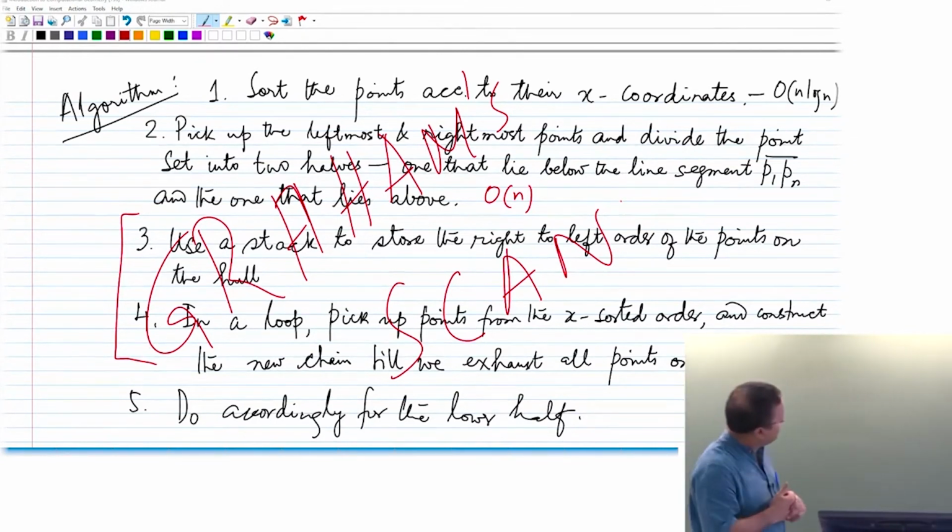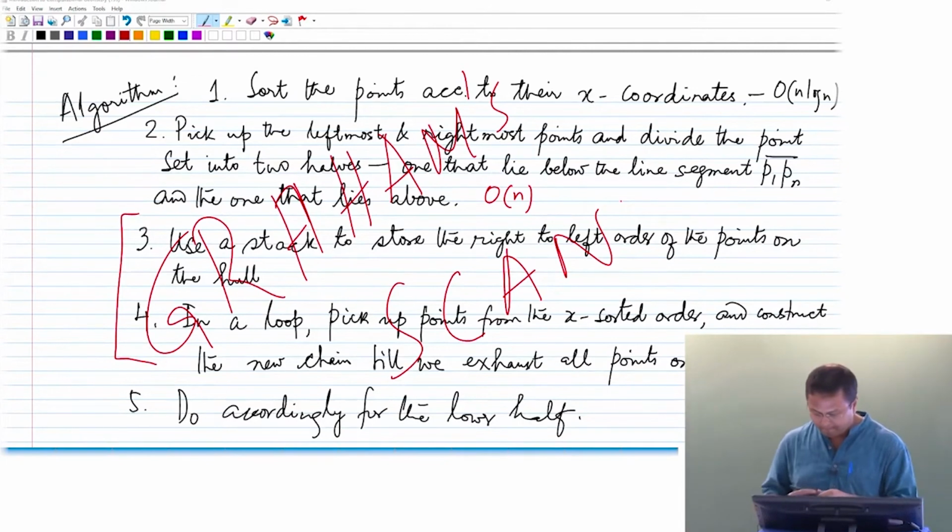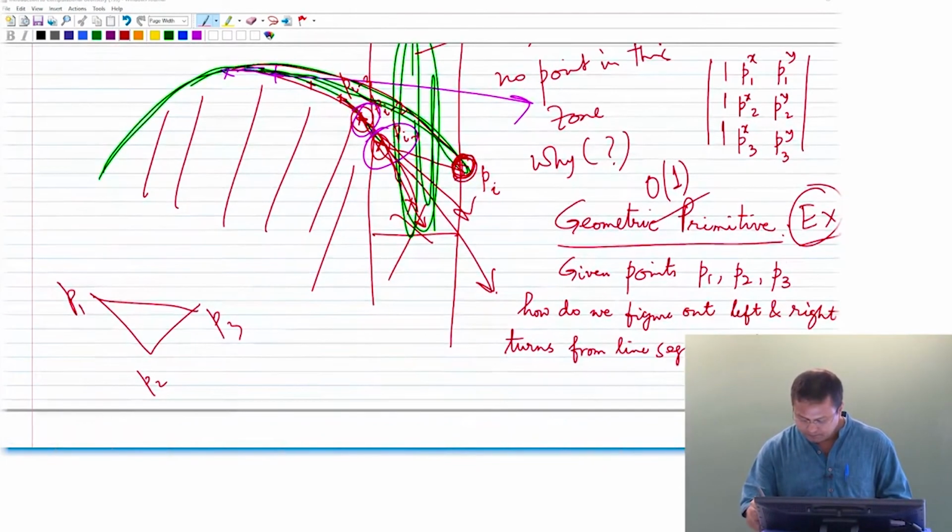Our next goal would be to do the following.